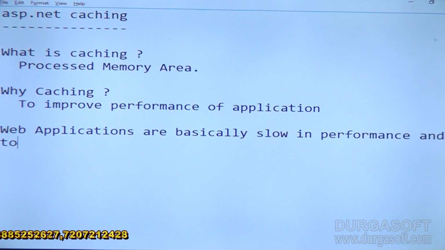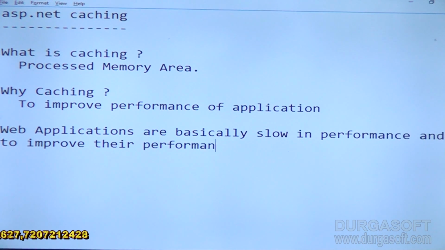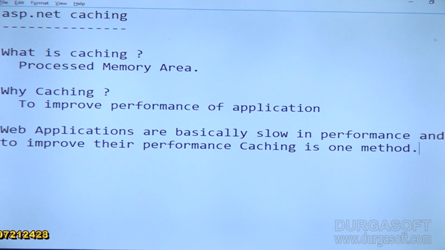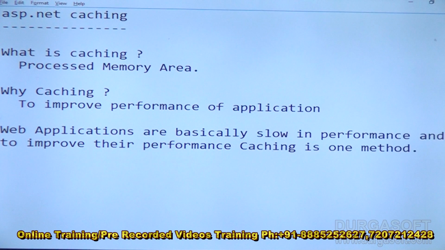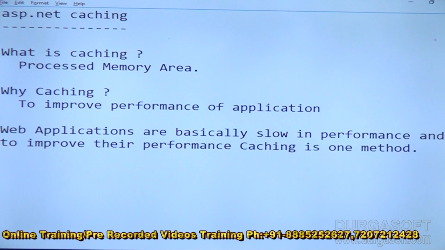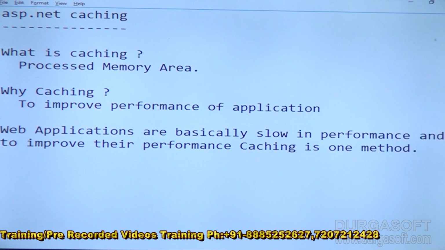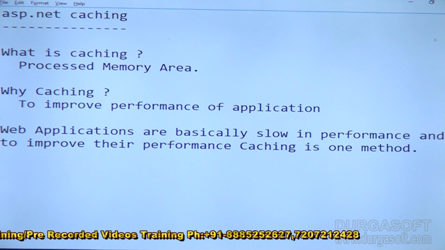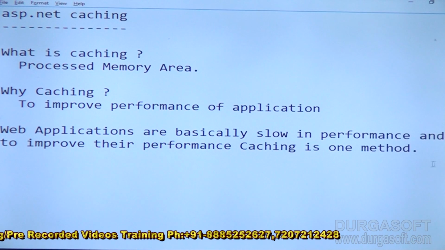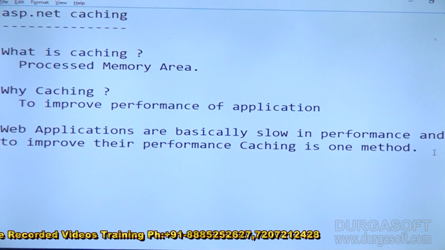To improve their performance, caching is one method.